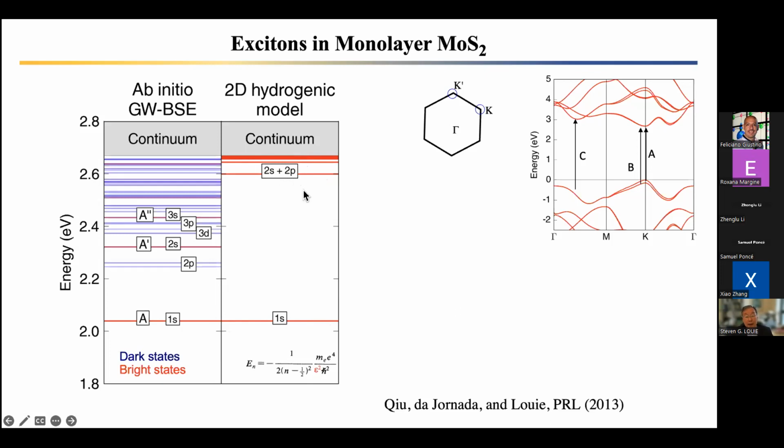And the reason for this qualitative difference is that screening in 2 dimensions, as I mentioned, is quite different from that of the bulk. So here is the effective dielectric screening as a function of distance in your layer, and you find that screening is very ineffective at large distance.